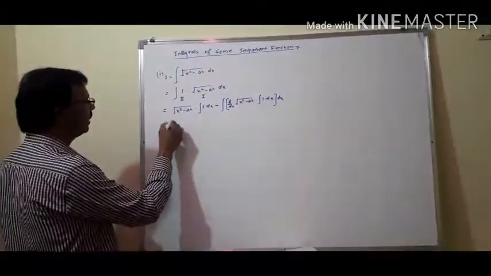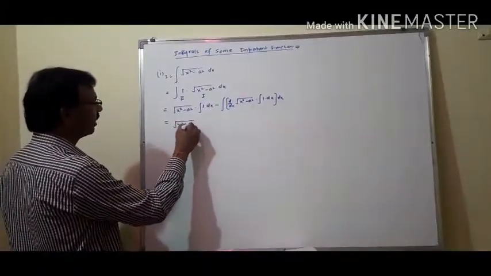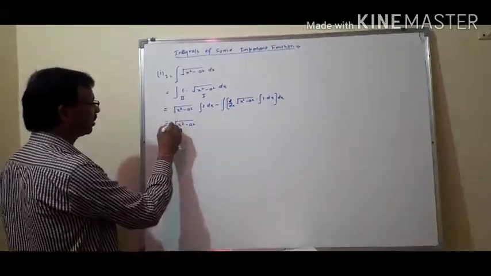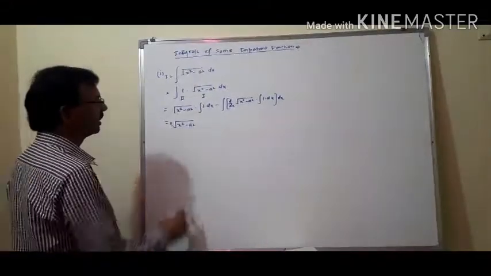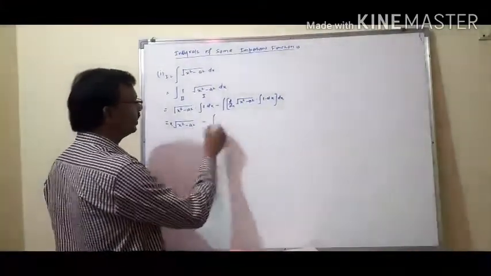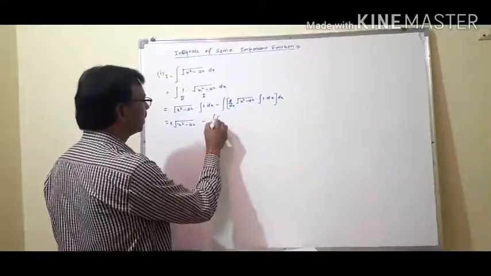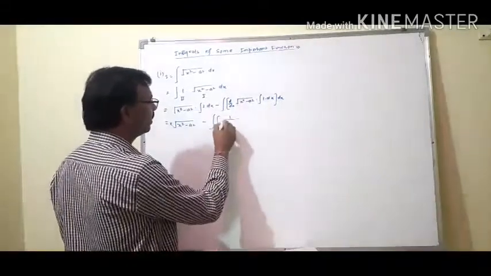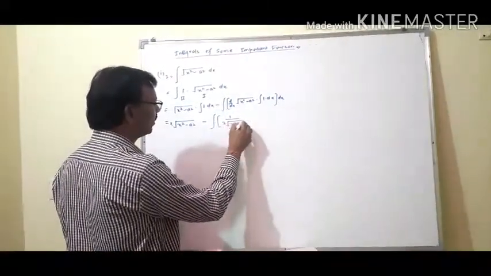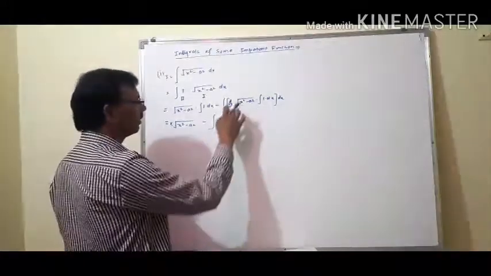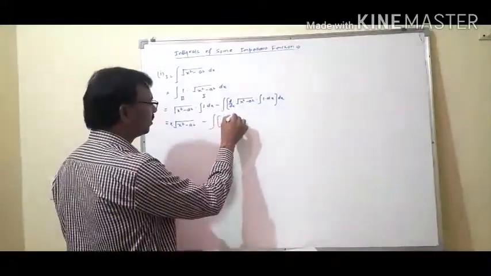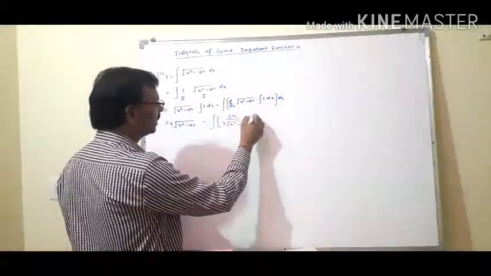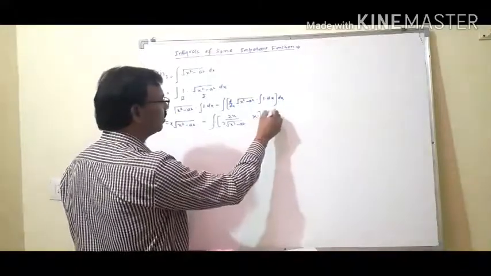Now solve it. This will be root under x square minus a square into integration of 1, which is x, so right here x into root under x square minus a square, minus whole integration of dy dx of root under x square minus a square, that means 1 upon 2 root under x square minus a square, and dy dx of x square minus a square will be 2x, into integration of 1 dx, this will be x into dx.